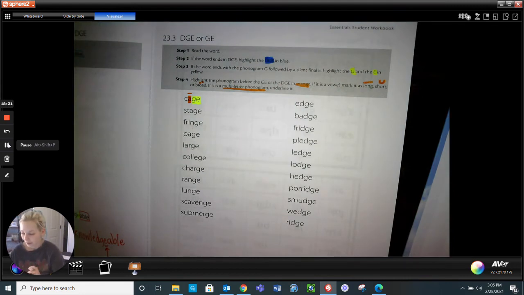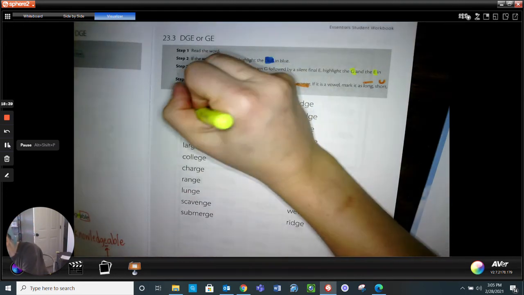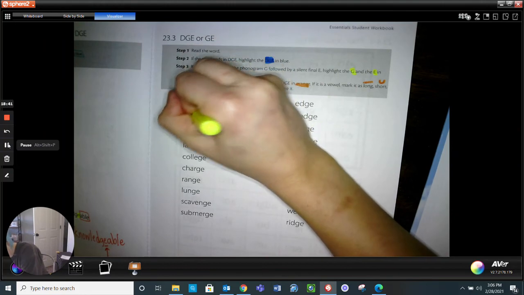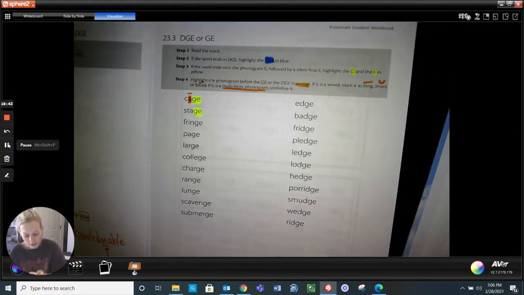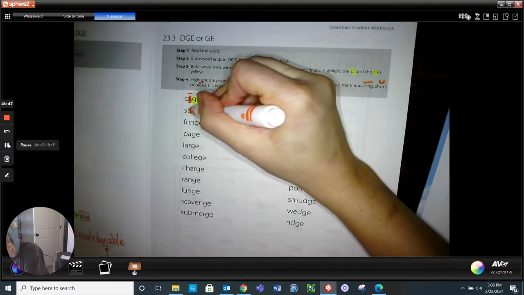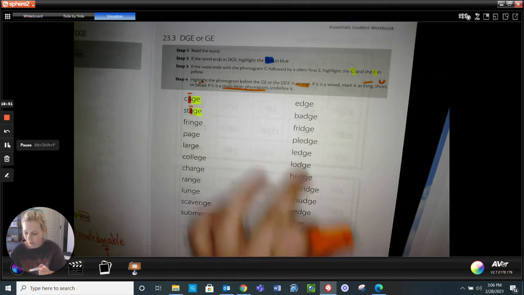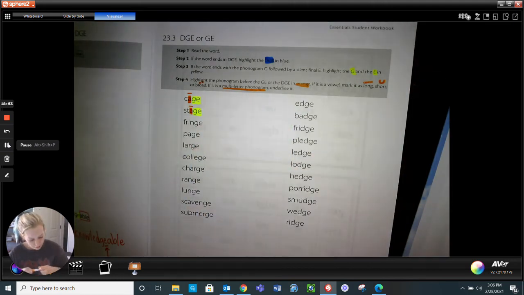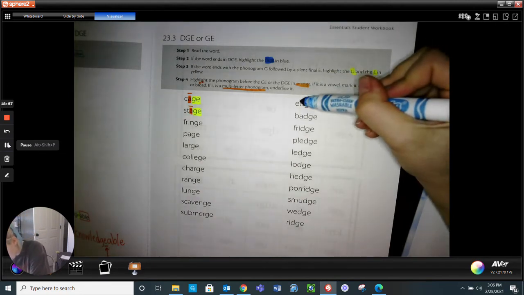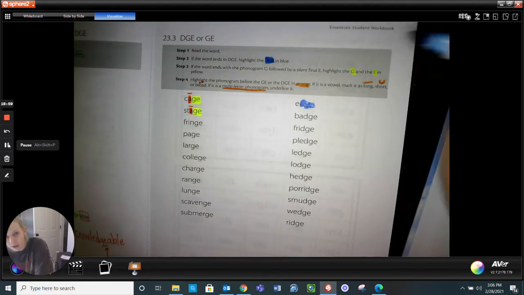And the A in cage is making a long sound. All right, let's go to stage. Again, I don't have DGE, so I need my yellow highlighter. And then our orange phonogram before, and it is long again. Let's move over here to edge. Edge has DGE, so we need our blue.